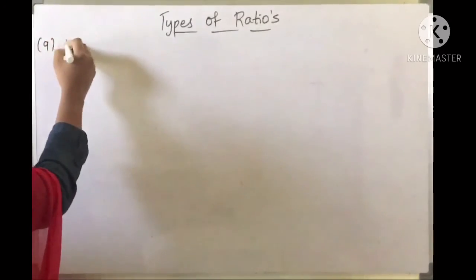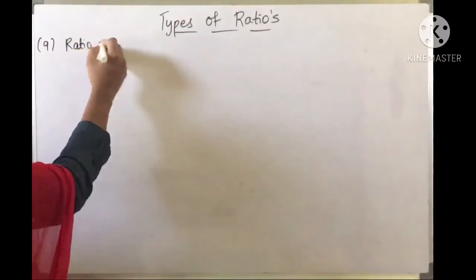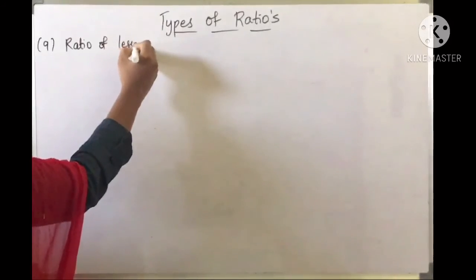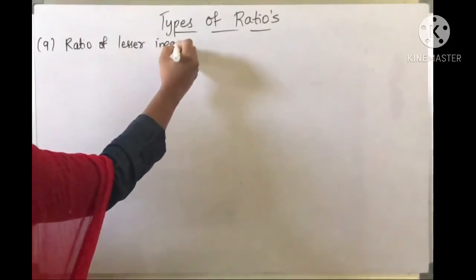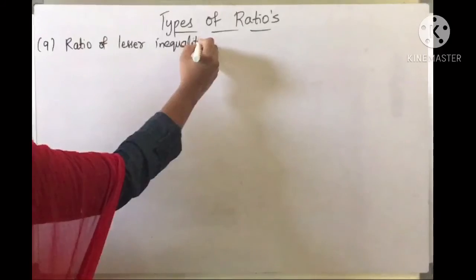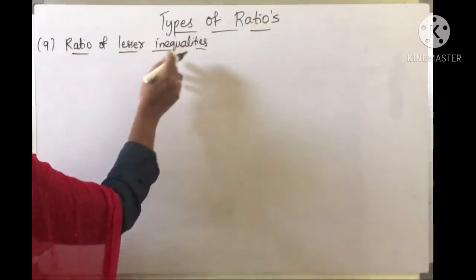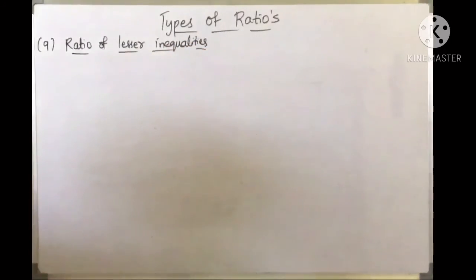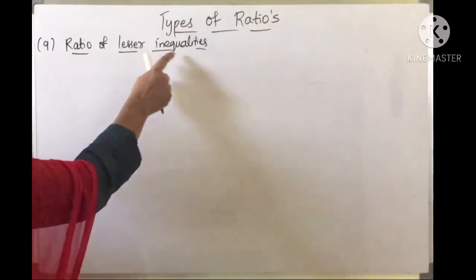Coming to the ninth one, ratio of lesser inequalities. So what is an inequality ratio? If the antecedent is not equal to the consequent, we call it inequalities. Here, lesser inequalities.